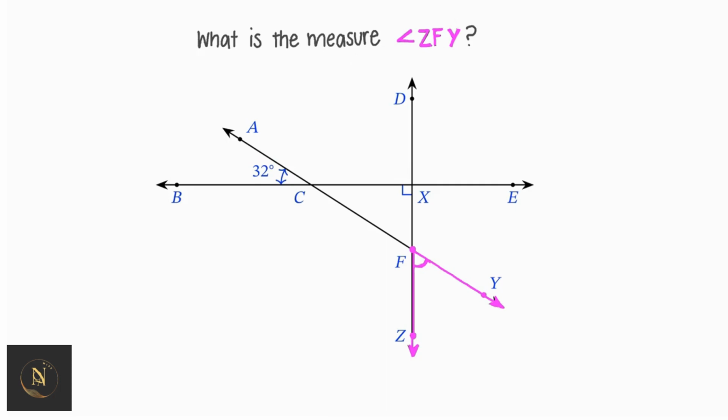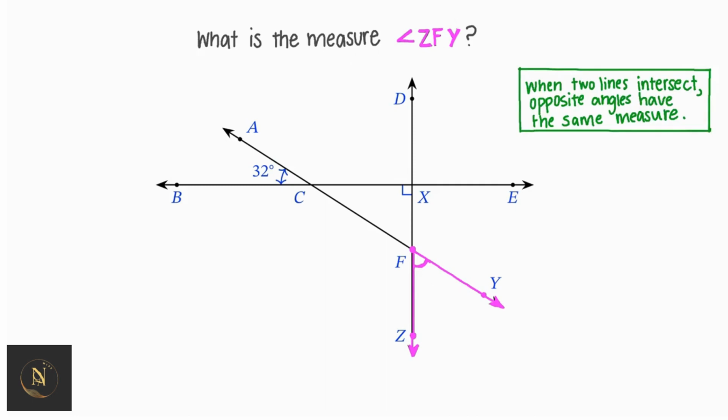To do that, we'll have to remember some rules about intersecting lines. One of the rules we'll need to remember is that when two lines intersect, opposite angles have the same measure. And we call those opposite congruent angles vertical angles. Here's an example.